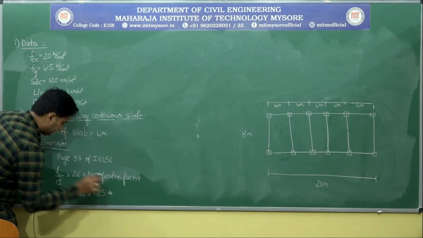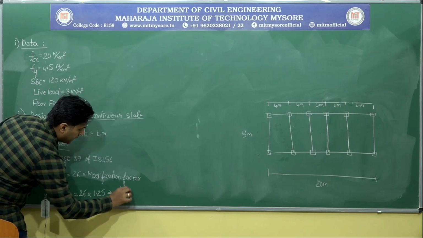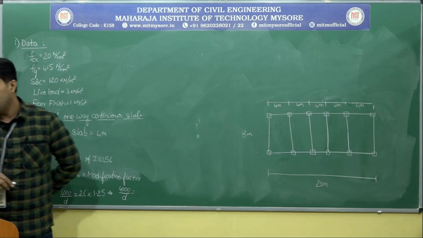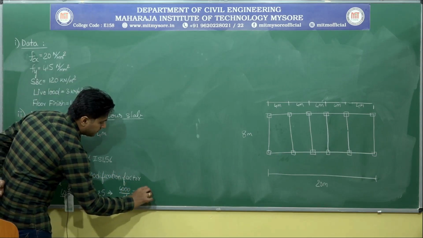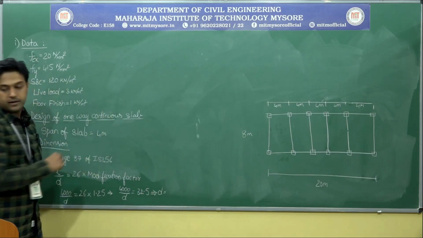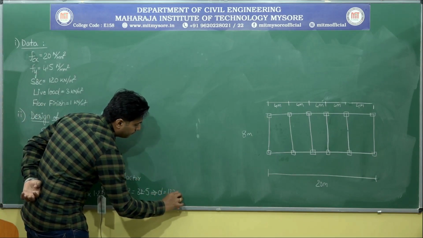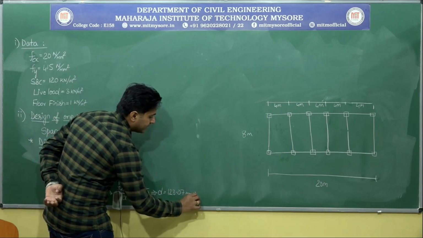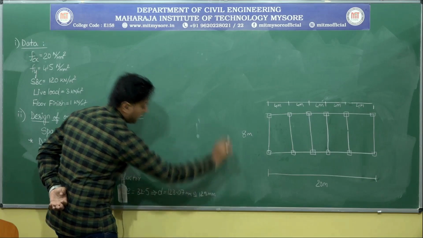So 4000 divided by D is equal to 26 into 1.25, that is 32.5. So finally, the value of D that we obtained here is 123.07. Can I approximately take this as 125 mm, that is 5 inches? Any problem?